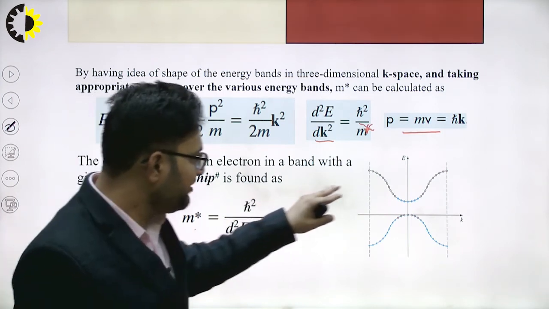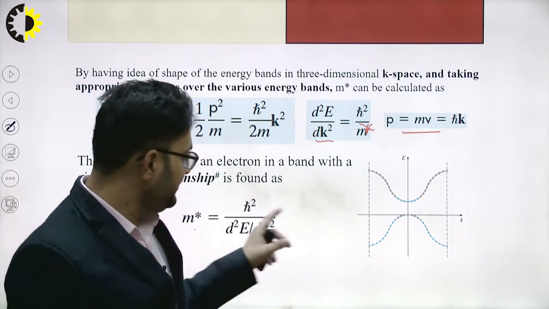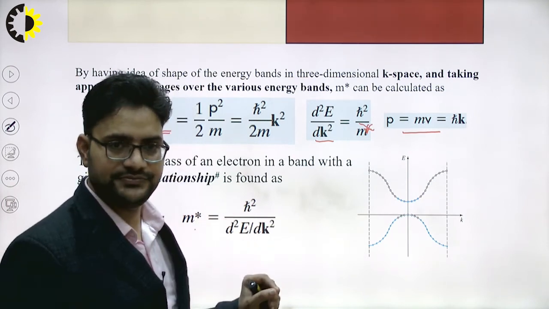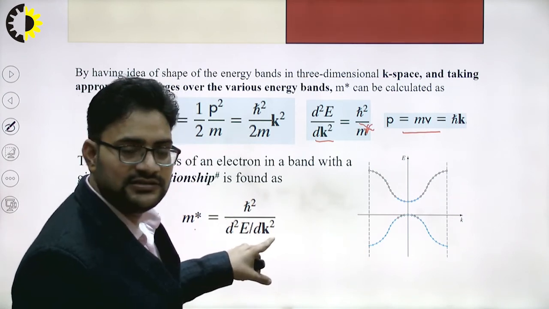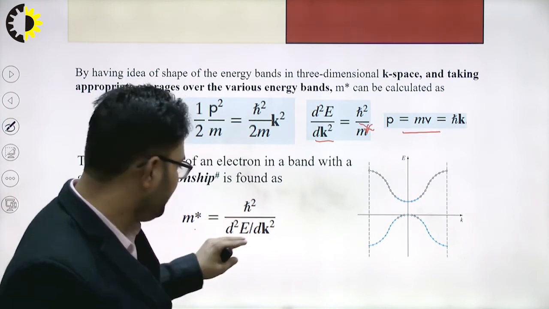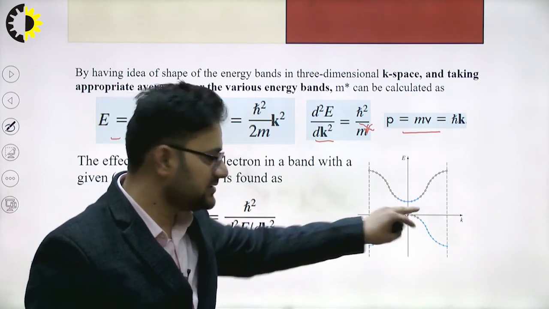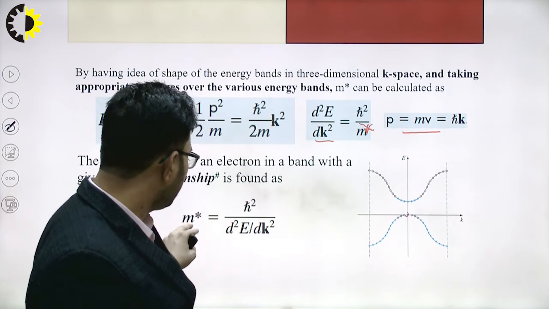So if I have the E-k diagrams, we can find out the value of effective mass using this relation. First we have to find out d2E upon dk square from this, then we can compute the value of m asterisk.